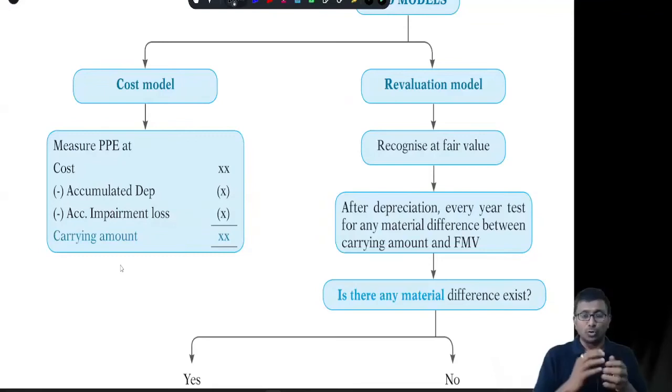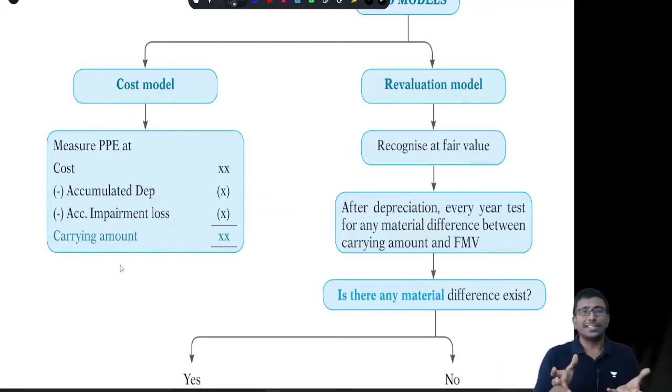When do you do this revaluation to fair market value? Remember always, first you should depreciate the asset as usual. Then after depreciation, that book value should be compared with fair market value on the balance sheet date. If there is a significant difference, then formal valuation and accounting will happen.